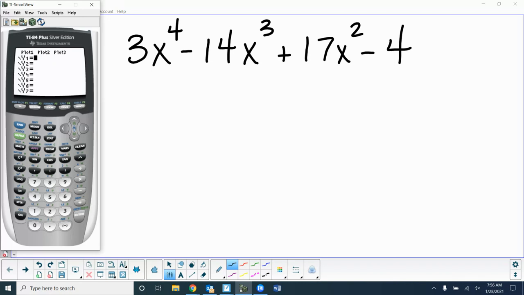Clear it out. Start over. 3x to the 4 minus 14x to the 3rd plus 17x squared minus 4. One, 2, 3, 4. Okay, you got to watch this one.